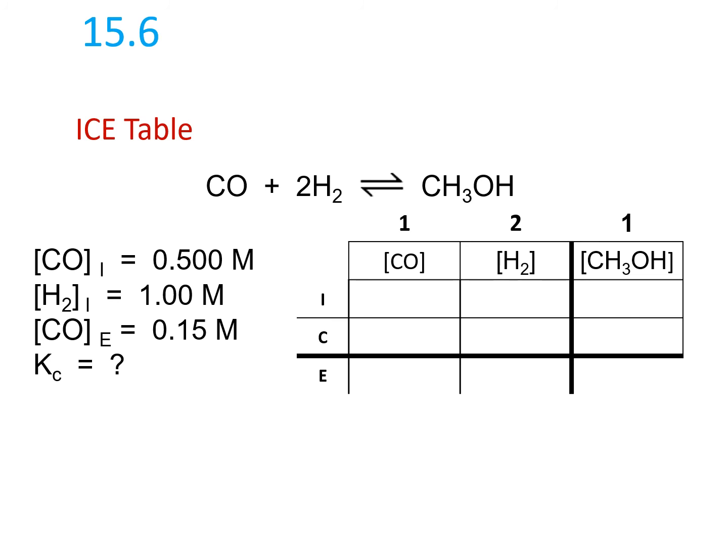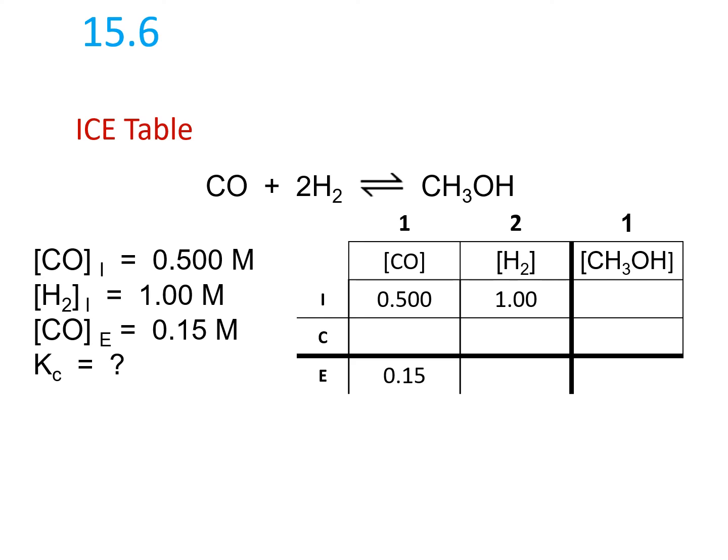Now we're given the initial amount of carbon monoxide, and that comes in at 0.5. We're also given an initial amount of hydrogen gas, and that comes in at 1.0. And then we're given an amount of carbon monoxide at equilibrium at 0.15. Now these values are given. There's one more value that we can make an assumption about, and that is the amount of methanol that we have at the beginning of our reaction.